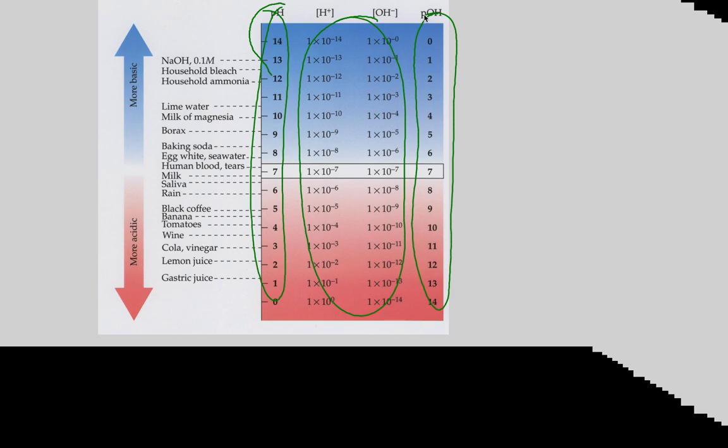They will always add up to 14. It's just a log problem. But guys, that will also always be true. If you know the pH of the substance, you also know its pOH, because that will always add up to 14. So guys, let's grab those interesting realities out of our equation sheet.